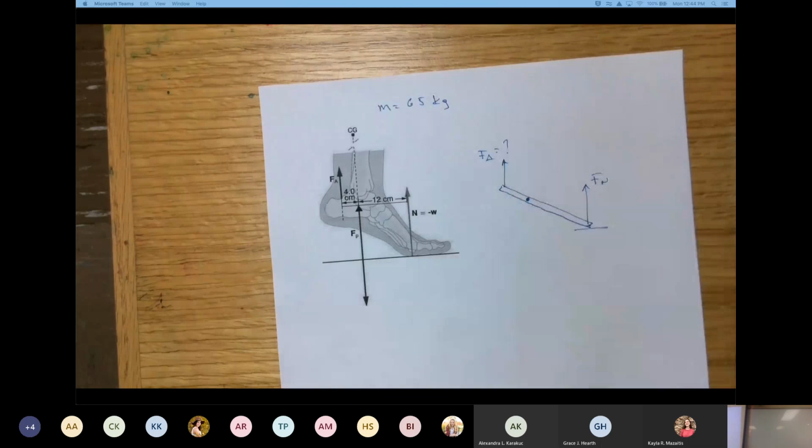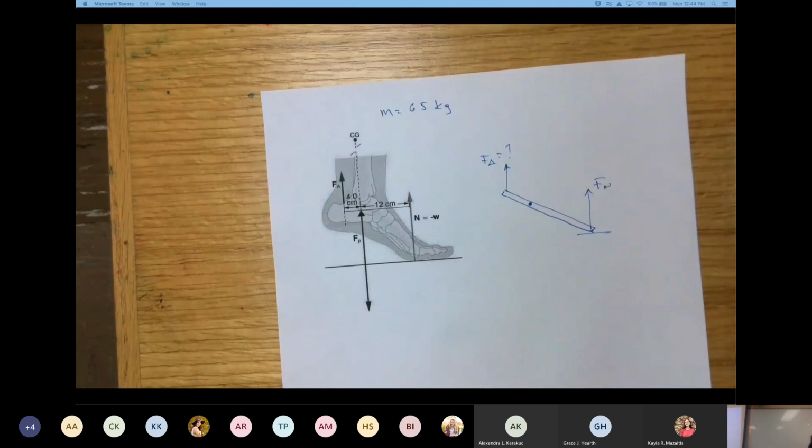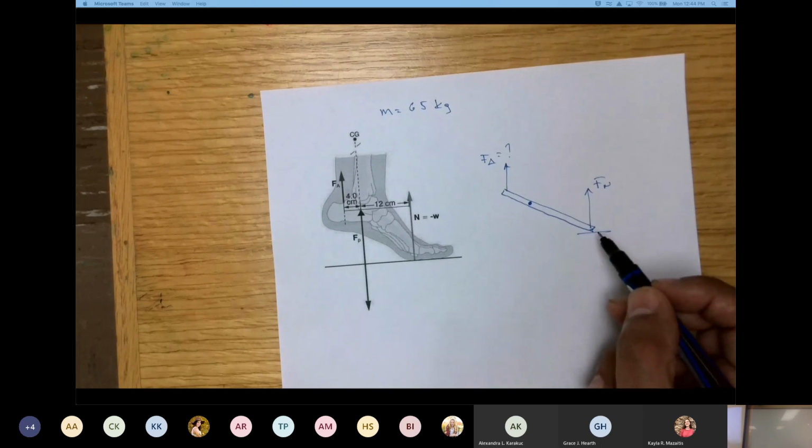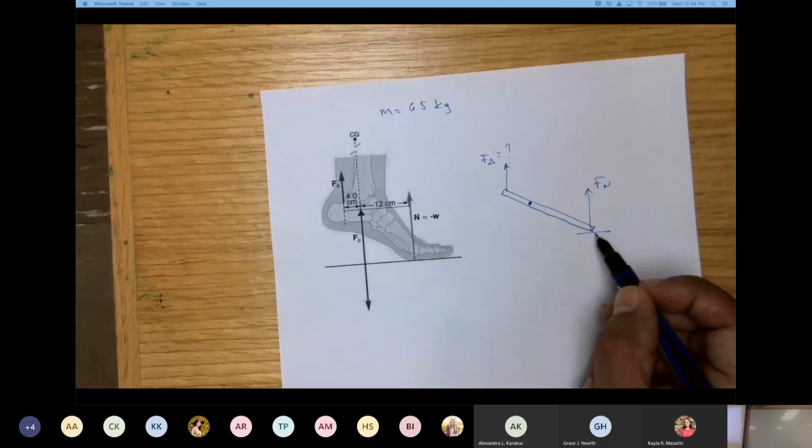Now, many people think, okay, if I'm supporting on my toes, then it makes sense that the toe is going to be my pivot point. But if you do that, the only force that you know is your weight, and you know that you're going to have a normal force here. So if you put your pivot point on your toes, you're going to get rid of the torque created by the normal force.